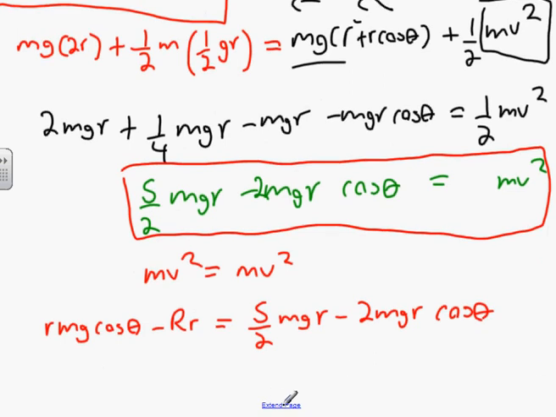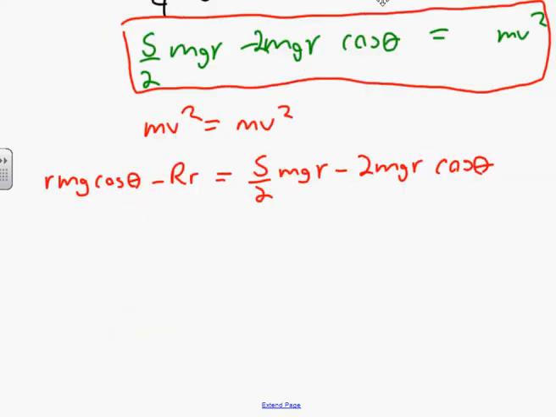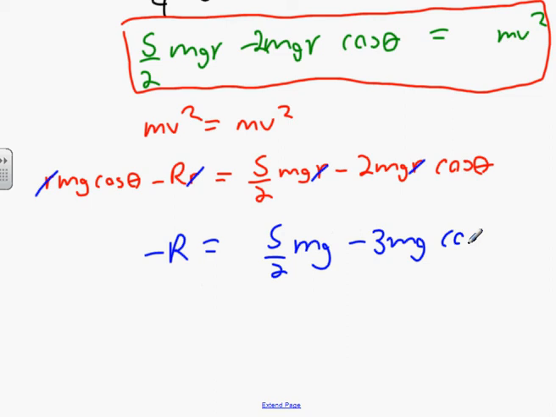Now what can you get rid of here, guys? Little r's. Bring the mg cos theta over your side. We're going to get minus R equals 5 over 2 mg minus 3 mg cos theta. Now, when you're going off the edge of a circle, you're supported at the start.